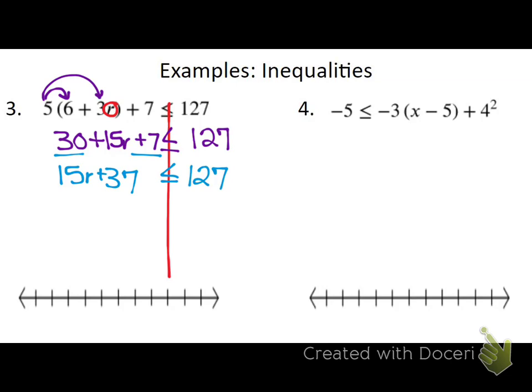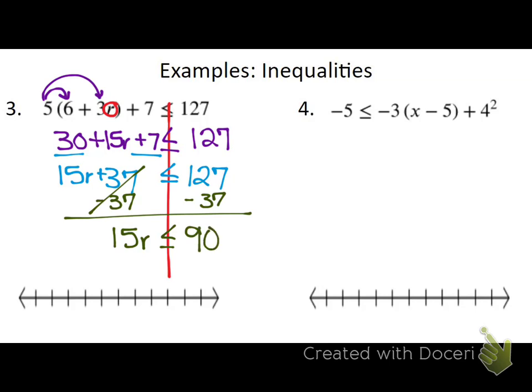Yeah, plus 37. So let's undo that, which is subtract. So if I subtract 37 from one side, I'm going to subtract 37 from the other side. Okay? Bring 15r down. 15r is less than or equal to, what's 127 minus 37? 90.